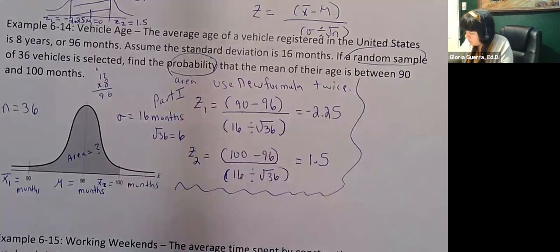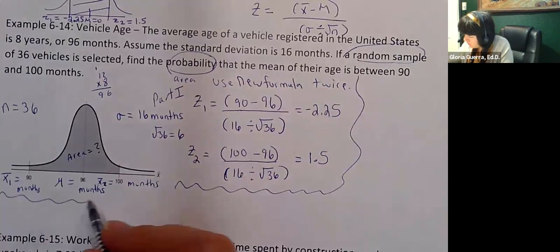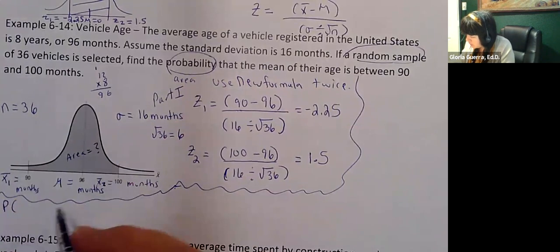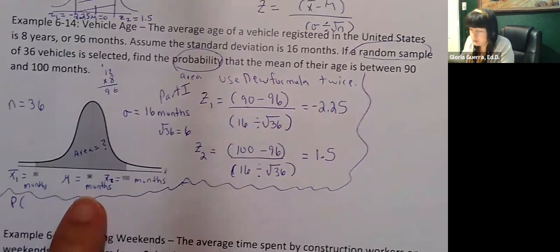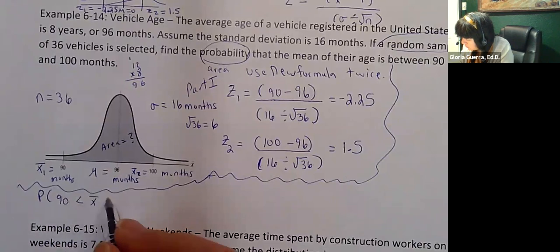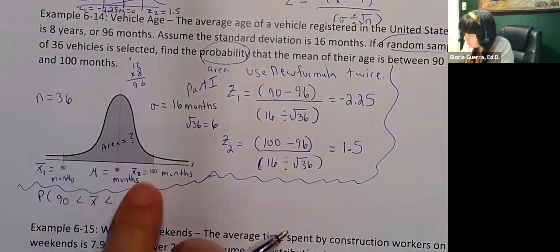Now we're going to find the area. We have probability. First it started off as x bars and they were sandwiched between 90 and 100.